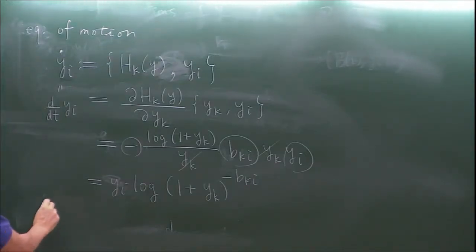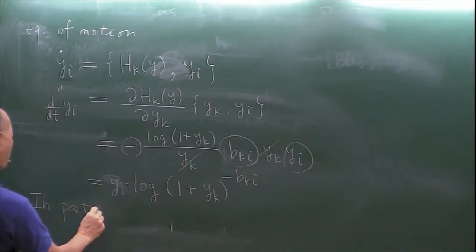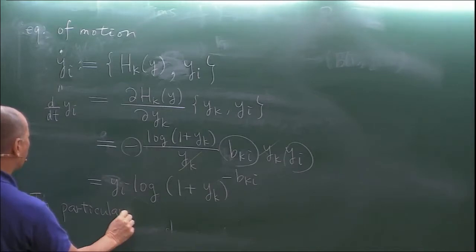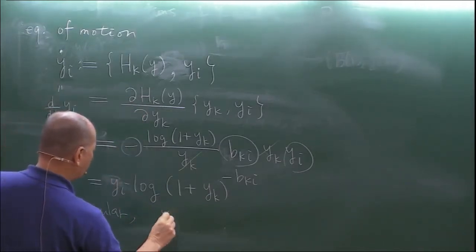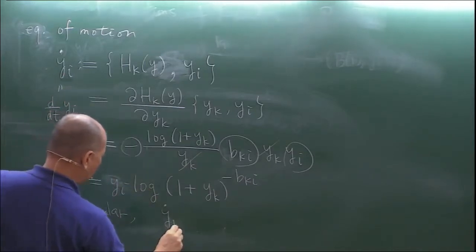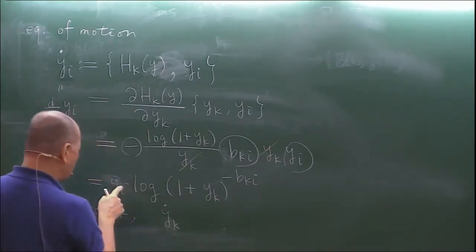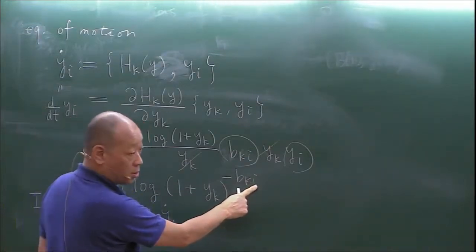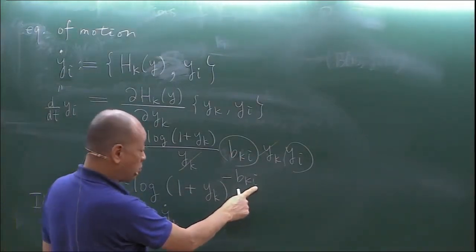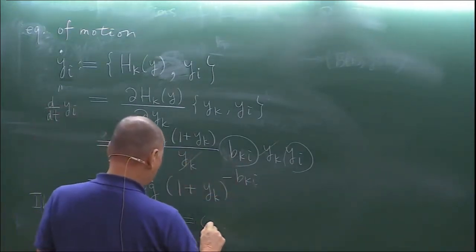Before going on, we note that in particular for this Hamiltonian dynamics, if you put i to be k, where k is the direction of the mutation chosen for this variable, then you substitute k here, but b_kk is 0 due to the skew-symmetric property. So this quantity vanishes.